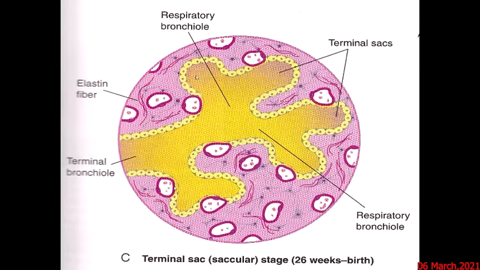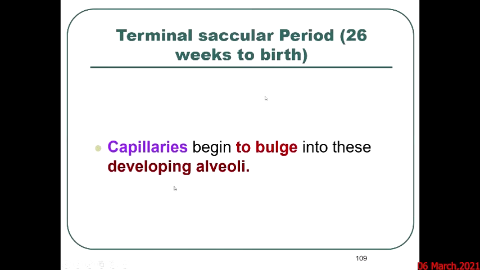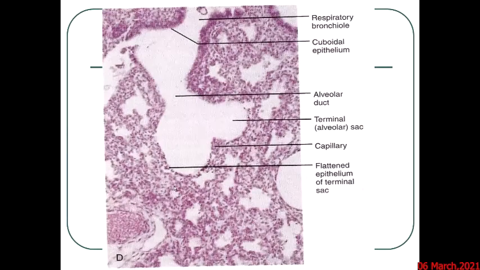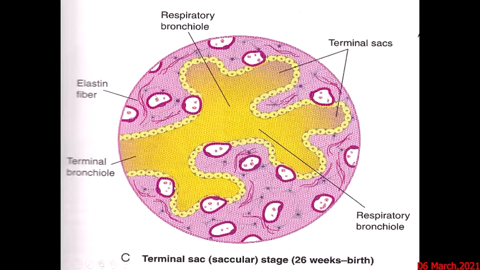Look, the epithelium is becoming very thin, and capillaries, this is important, capillaries begin to bulge into these developing alveoli. Look at the capillary. Earlier we saw many capillaries, but later on this capillary begins to bulge into this terminal saccus or sac.